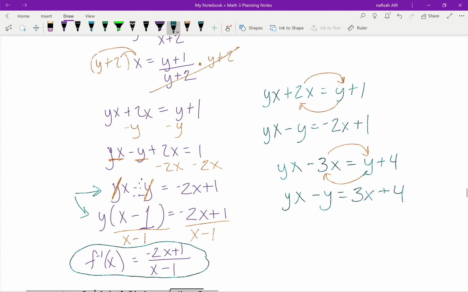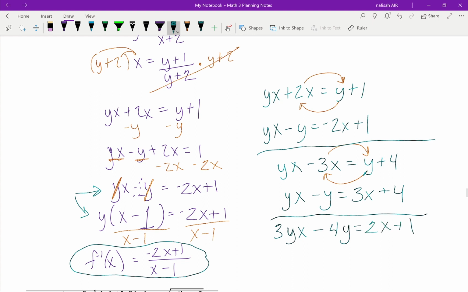If you had 3yx minus 4y equaling 2x plus 1, if you had that, and you were at the step where you drew your y parentheses, you just write what's left when you cross off your y's. I have a 3x left here and a negative 4 left there.